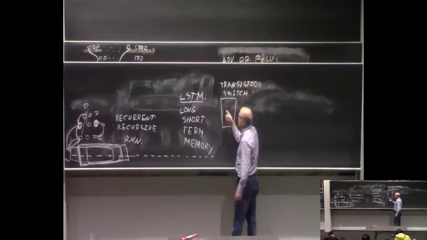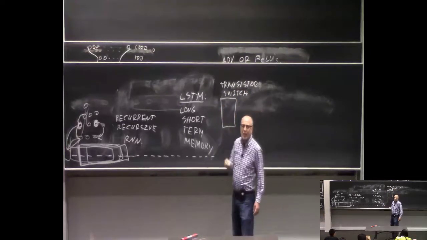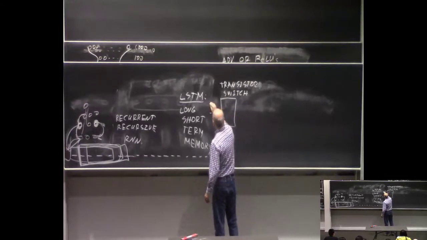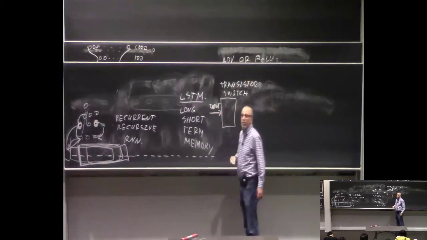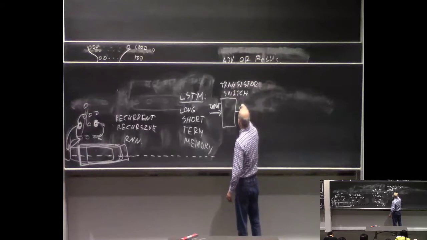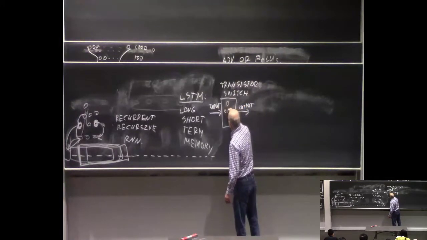And the idea is that there's room here for one bit. That bit could be either 1 or 0. There's input that can set this bit to 1 or 0. There's output, so you can read the value of that bit, 0 or 1.